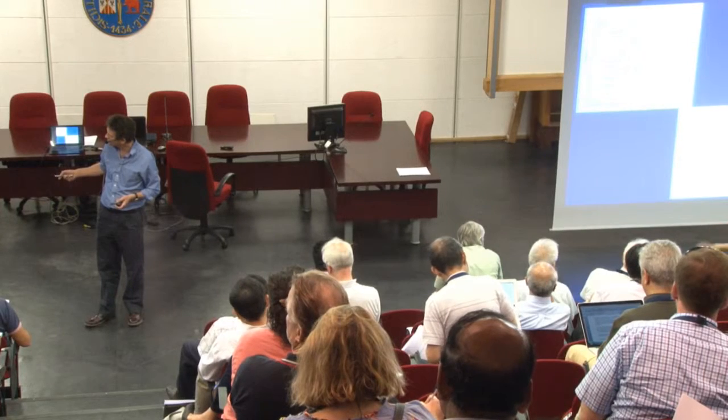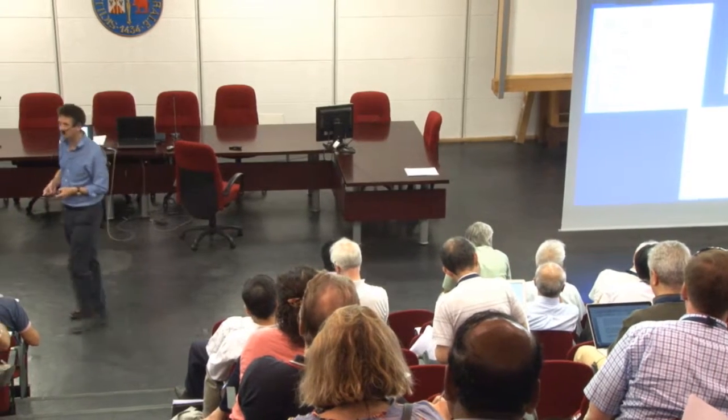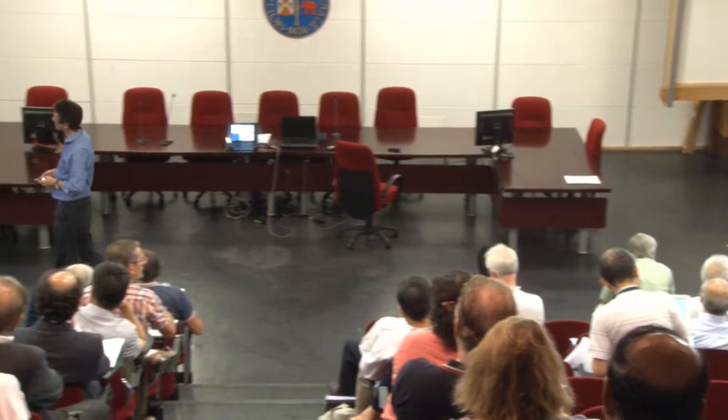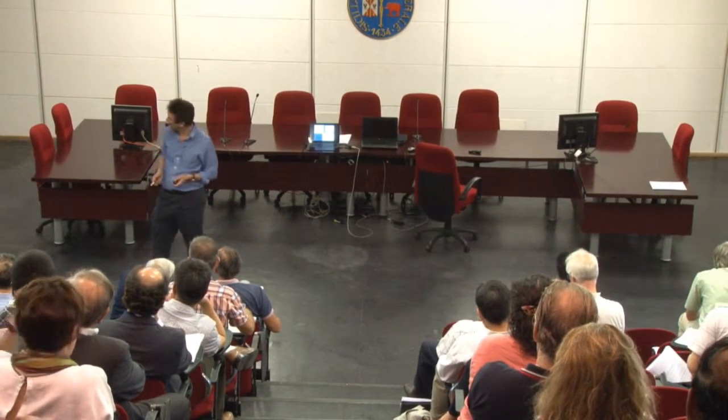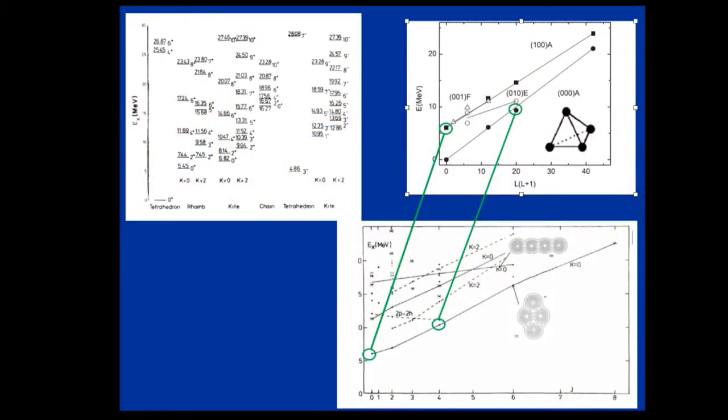And I'm going to compare them with the algebraic cluster model of Bijker and Iachello. The interesting thing is that if you take this particular 4 plus state, which is associated with this cluster rotational band, in Bijker and Iachello's calculations this is part of this ground state rotation. And if you take the band head here of this cluster configuration, it is mapped into the band head of this rather extended tetrahedral structure.